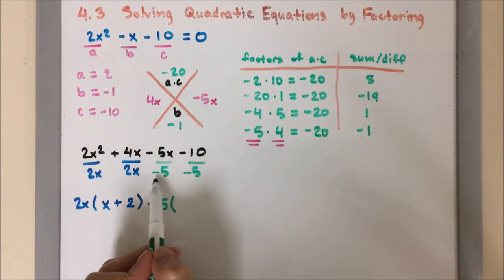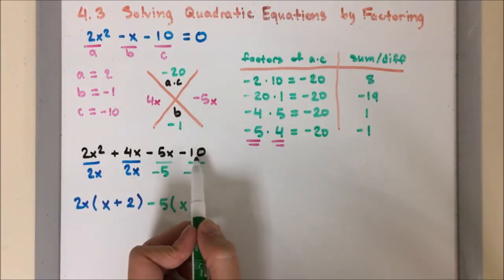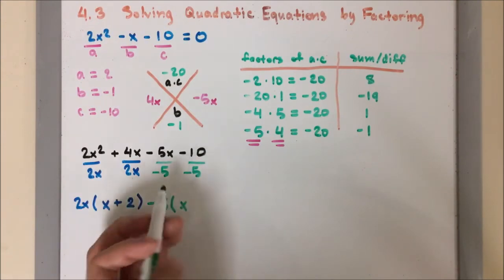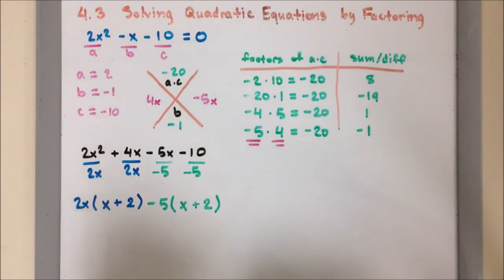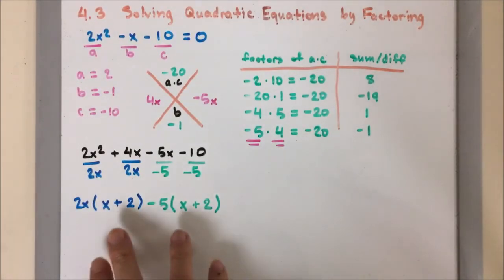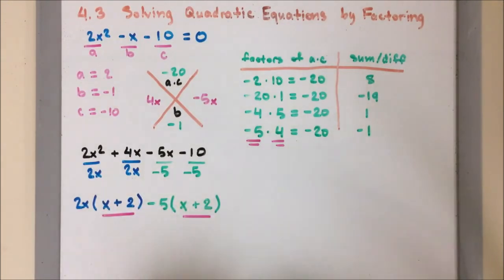Negative 5x divided by negative 5 is just positive x. Negative 10 divided by negative 5 is positive 2. And if you look closely, the factor inside the parenthesis, x plus 2 here, x plus 2 here, you see how it's exactly the same?